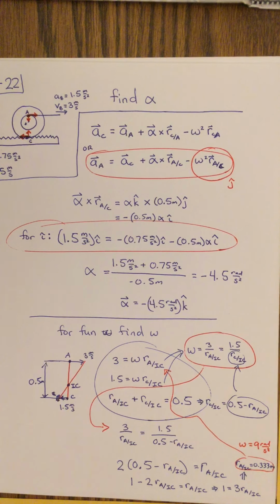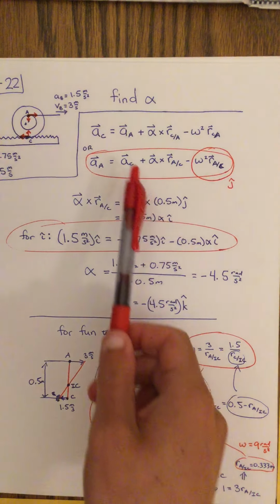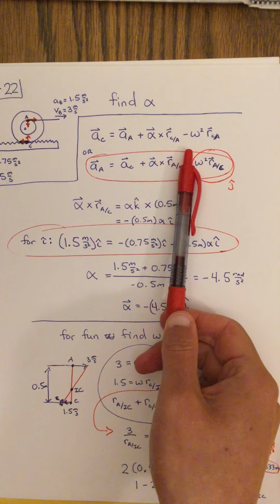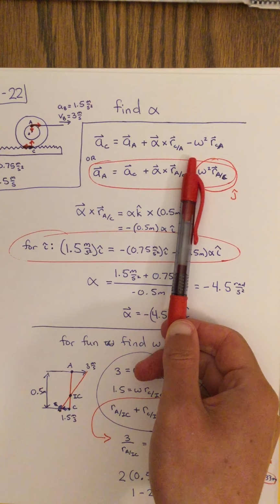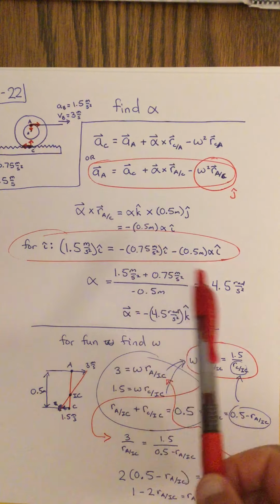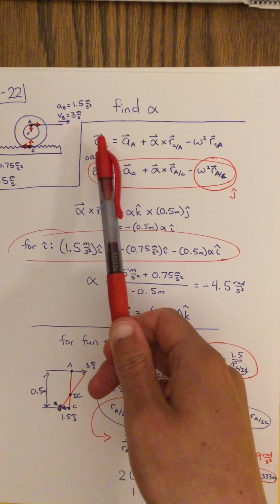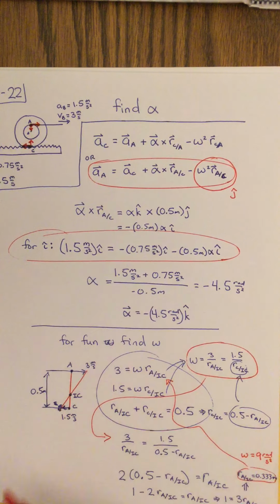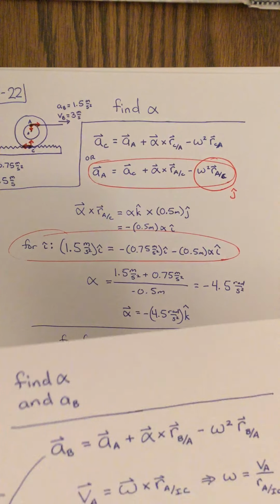Okay, so that concludes fundamental problem 16-22. So when you're using this equation here, it's helpful to ask yourself how many unknowns you have. And let's say I was looking for the acceleration of point C or the acceleration of point A. Actually, let's go back and look at what we saw in the previous problems.